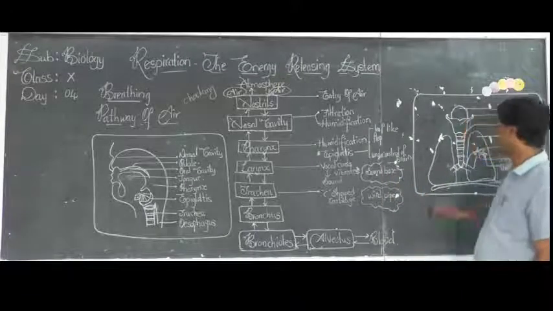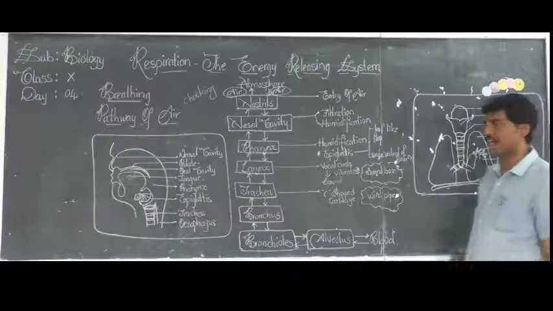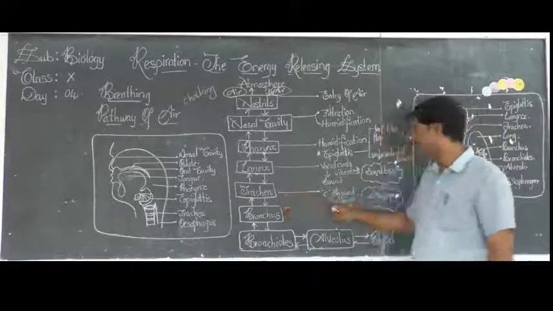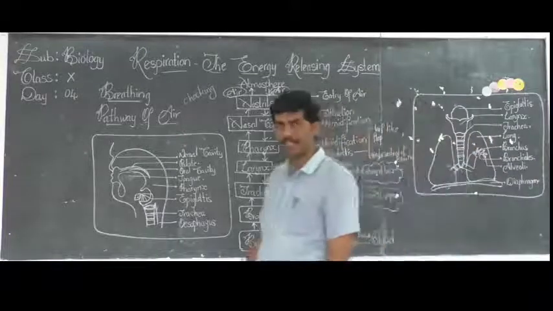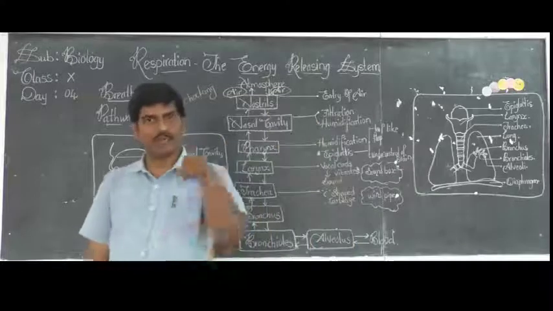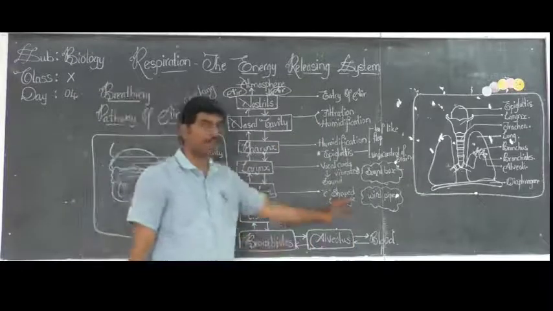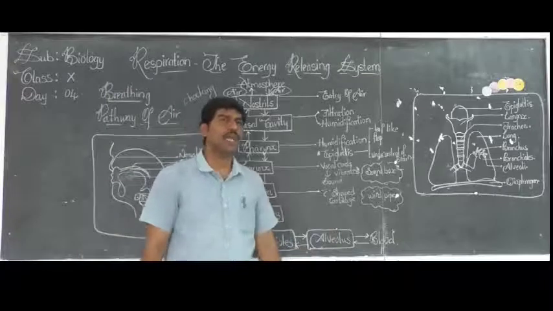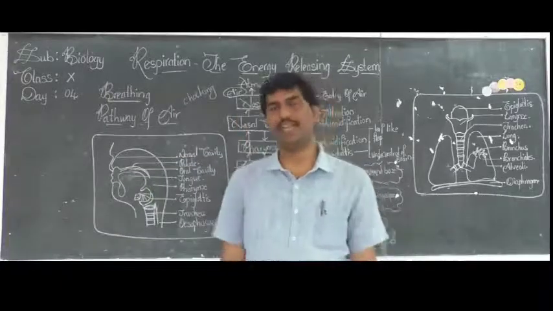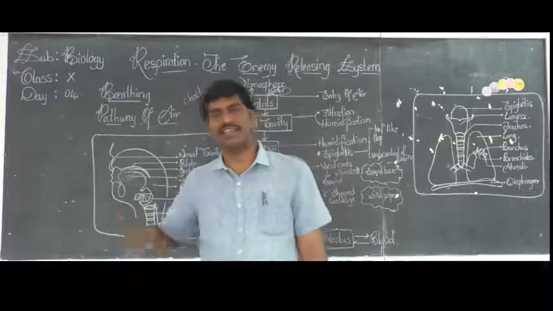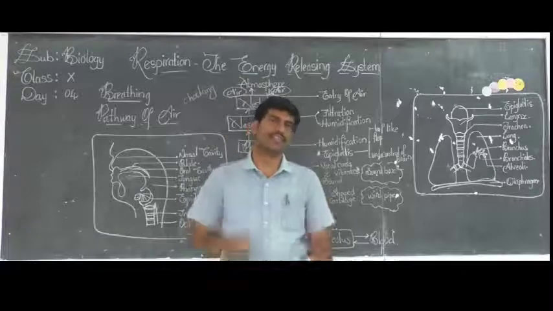Now the air from the larynx enters into the trachea. So the trachea is commonly called the windpipe. It is a hollow pipe through which air is moving, that is wind is moving, therefore we call it windpipe. Now this windpipe suffers from pressure differences, as air is entering inside and air is going outside.